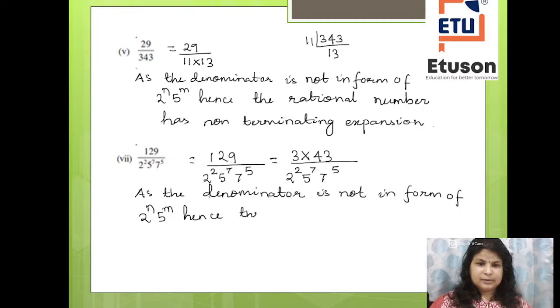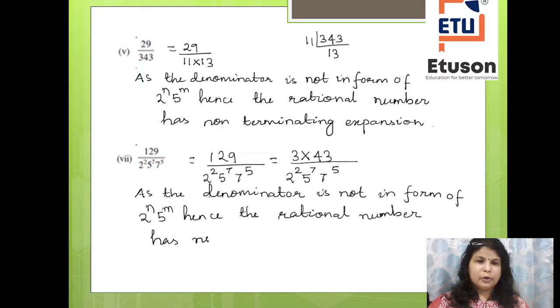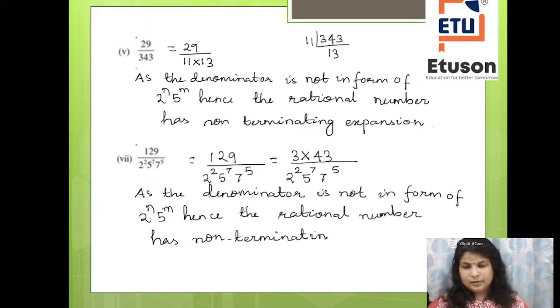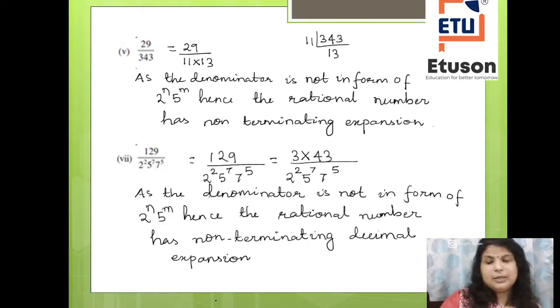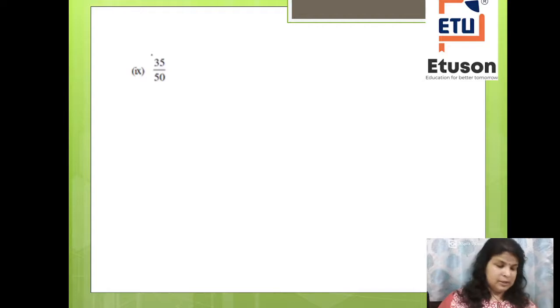Hence the rational number has a non-terminating, recurring and repeating decimal expansion. Non-terminating, recurring I have not written, please write down. Recurring decimal expansion. Now let us go to the next problem, that is 35 by 50.